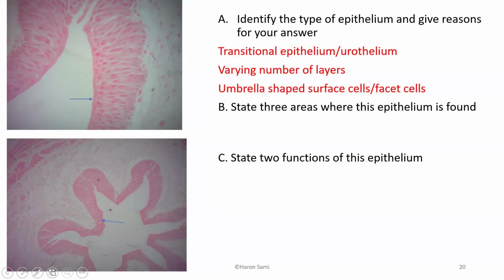Ureter, very good. Urinary bladder, very good. Renal calyces, very good. Distal male urethra. Okay, she has edited. Proximal, that is wonderful.